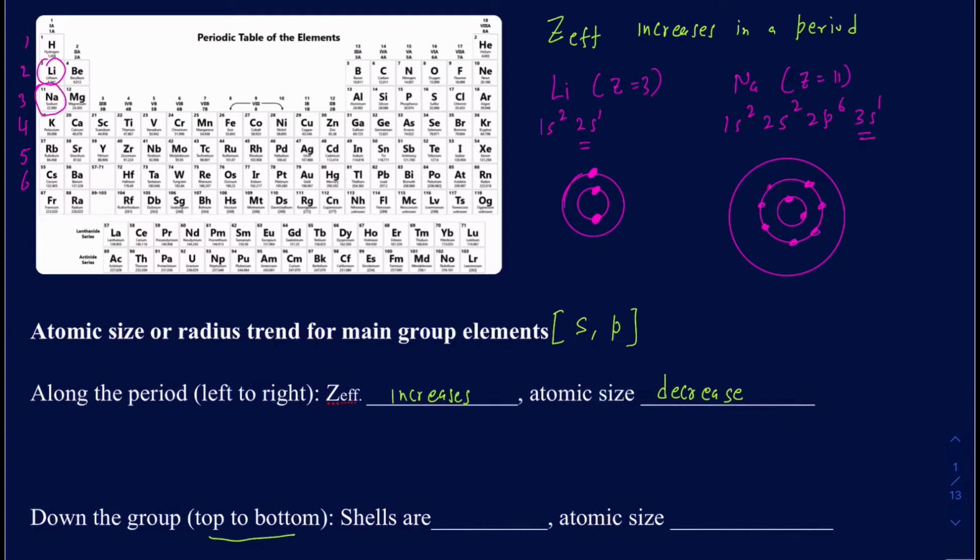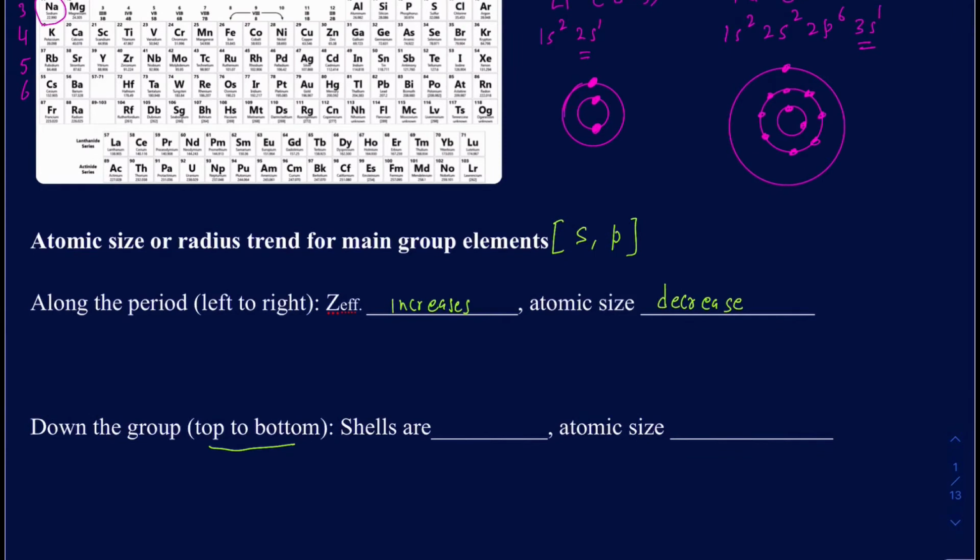I have 8 electrons in the second shell and 1 electron in the third shell. So as you go down the group, the shells are increasing, and when the shells are increasing, your atomic size also increases. So they behave oppositely, but for different reasons.